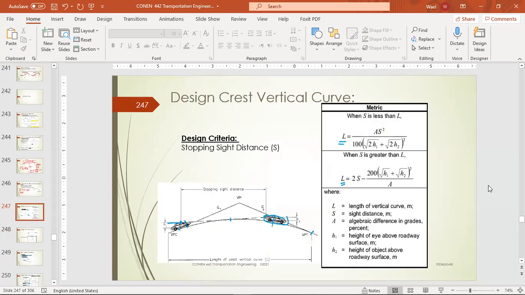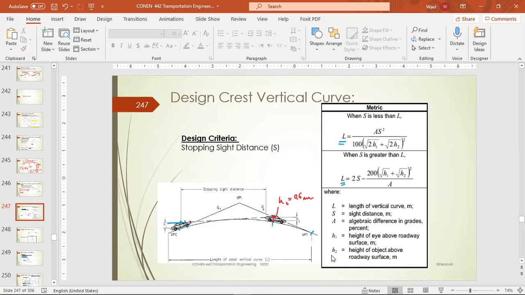So what is the design criteria for a crest curve? The main idea here is to design the curve with the proper length such that if a driver is trying to cross the curve, he is still able to see an obstacle on the other side of the curve that has a height h2 equal 0.6 meters, and able to stop.